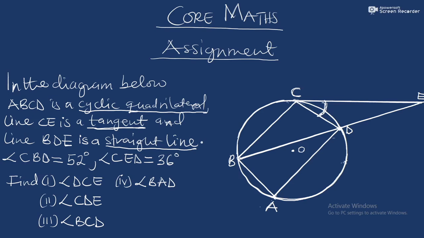So this line is a chord, this line is what? A tangent. This is a tangent, this is a chord. And there's an angle formed between them. Do you remember any theorem concerning a tangent and a chord? I know you remember.